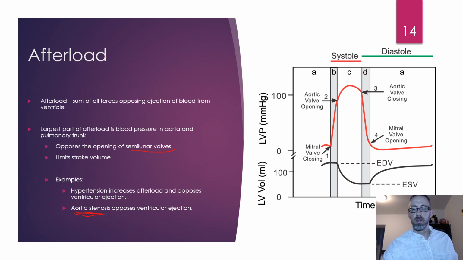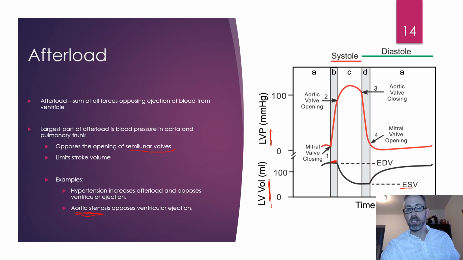Going back to the lecture that I gave you previously, you're looking at the pressure graph in the left ventricle, left ventricular pressure, and down here is the volume in the left ventricle. The volume could be about 120 or 130 mils. This is isovolumetric contraction, then there's ejection, and then you're down to your end systolic volume right here.